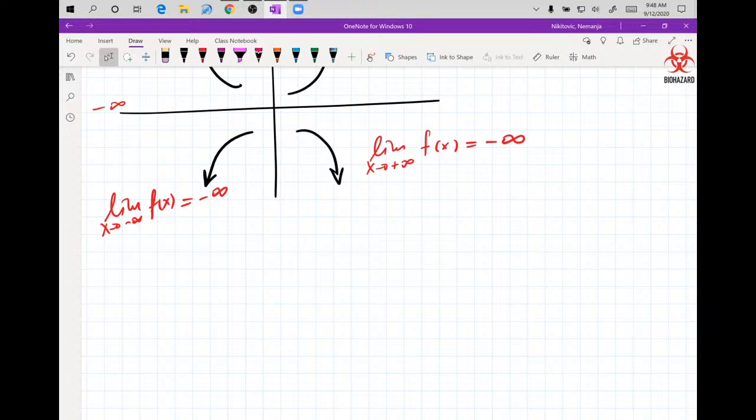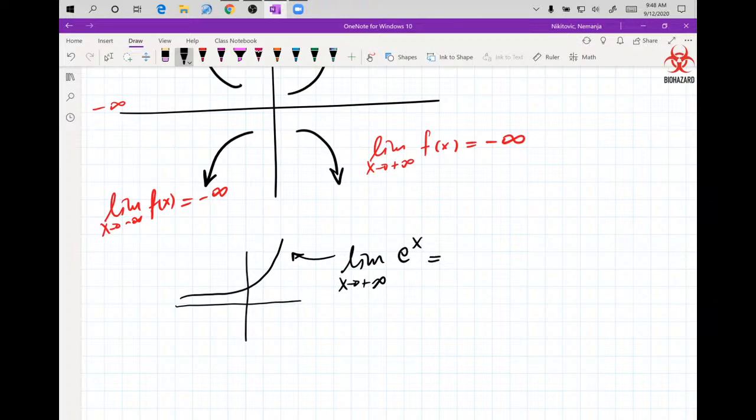But if I go back to my exponential function, which was our first example, like this, we see that this end behavior here is the limit as x goes to positive infinity of, let's say, e to the x, is positive infinity.